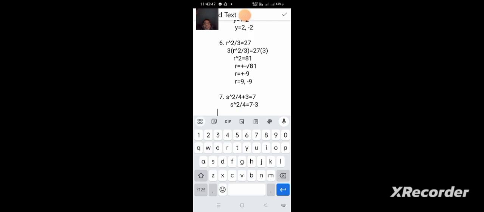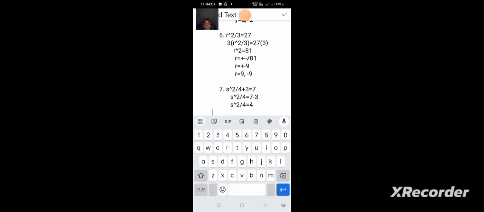Then you will have s raised to 2 divided by 4 is equal to 7 minus 3 is 4.